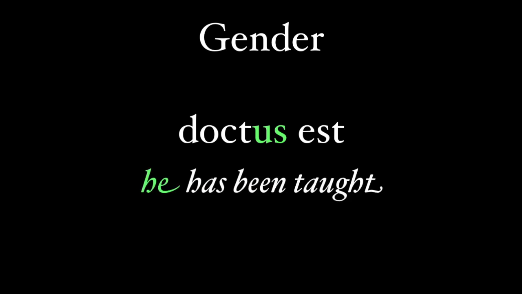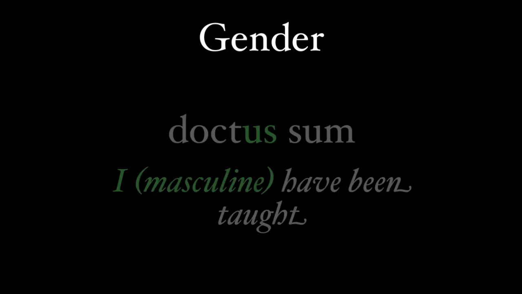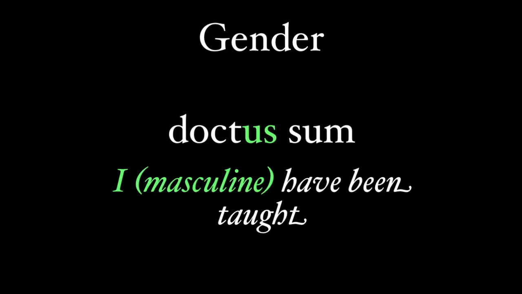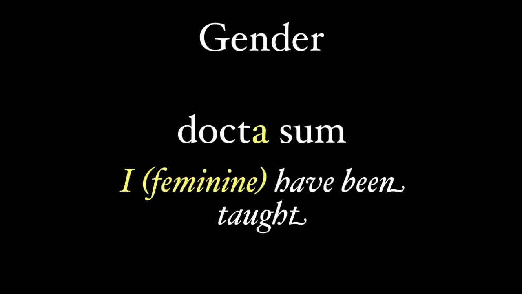He has been taught is doctus est. But if you wanted to say she has been taught, it would be docta est. That makes sense. But we do the same for all forms of the verb. So I'm a guy, I would say doctus sum, I have been taught. But my wife would say docta sum, which would still be translated in English as I have been taught, but said by a feminine subject.